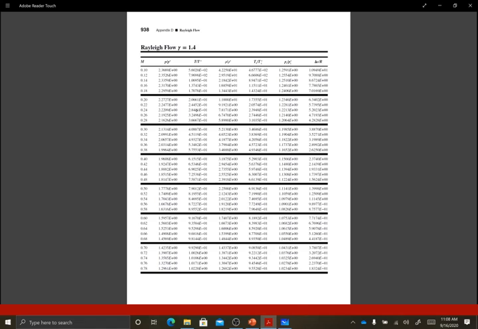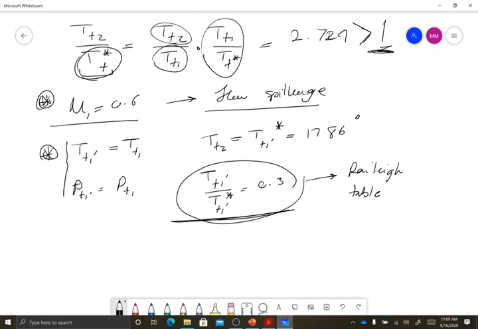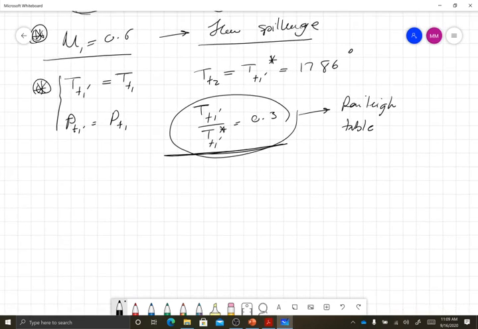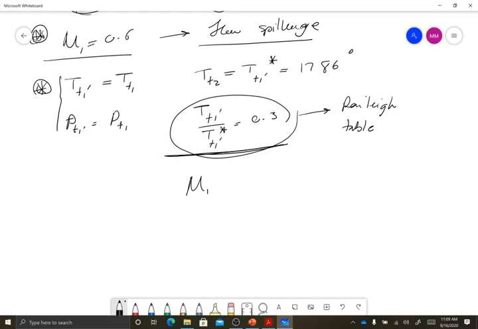This value lies somewhere between these two lines, right? You can either do a guess or an interpolation to find the exit Mach number, which has to be a value between 0.24 and 0.28, right? So your M1 prime is somewhere between 0.24 and 0.28.